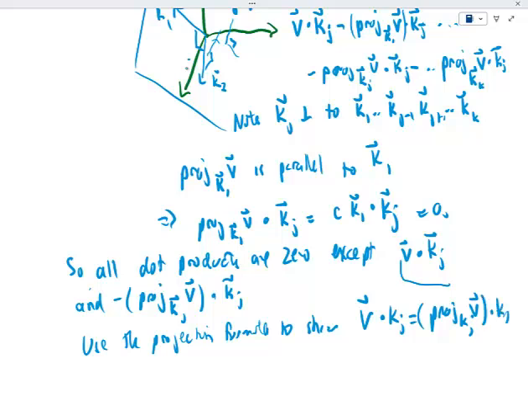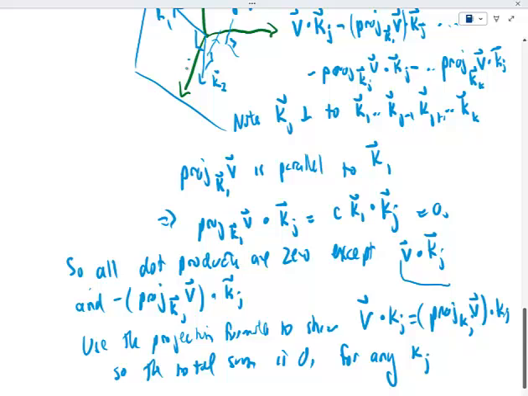Just put in the formula and you'll see. So that means that the total sum is 0, right? Because those two terms cancel out for any kappa J.